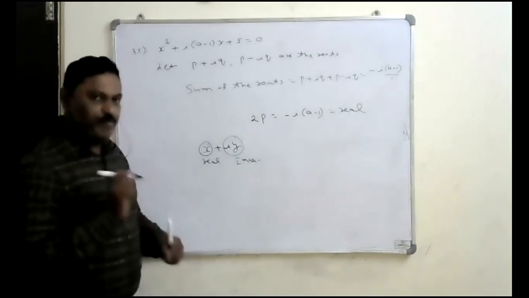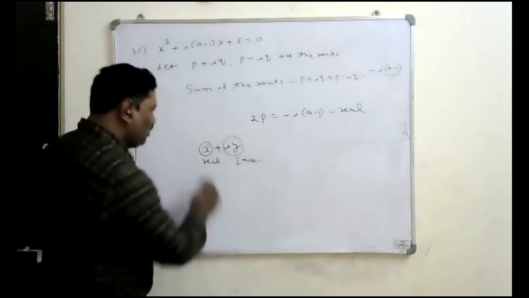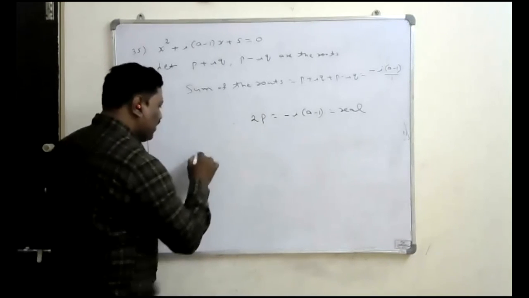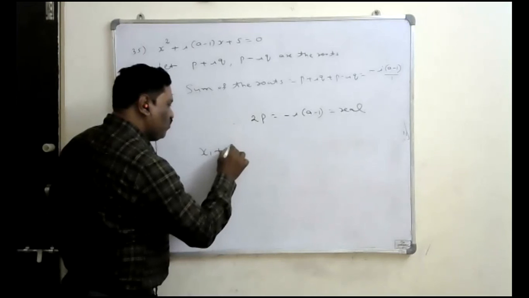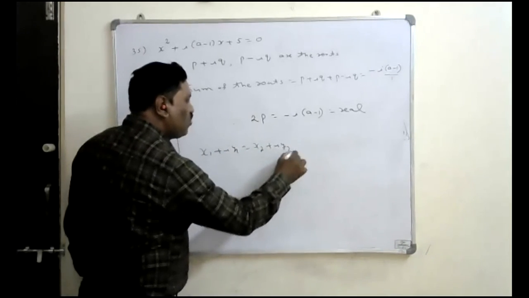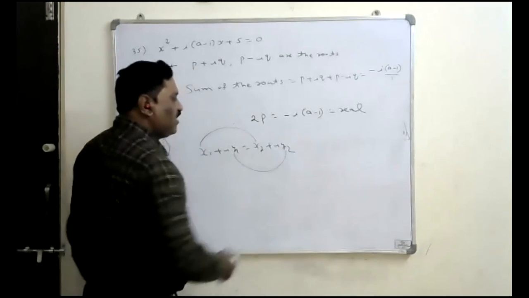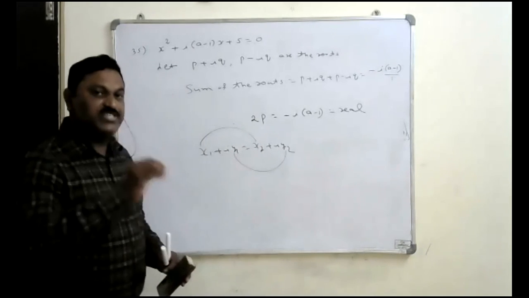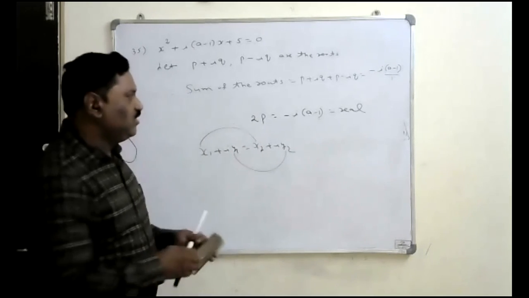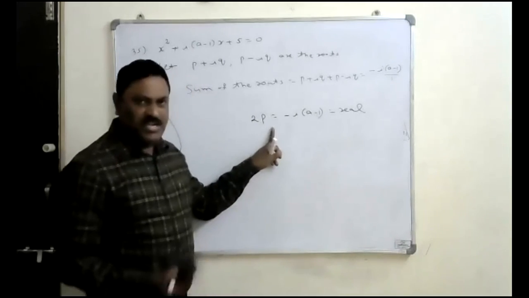Whenever two complex numbers are equal, say x1 plus iy1 equals x2 plus iy2, the corresponding real parts and the corresponding imaginary parts must be equal. So here 2p is there, but the imaginary part is not there.